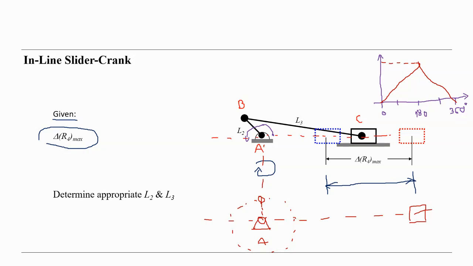This is B, one of the limiting positions, and this is C here. This length you can easily imagine is L2, and this is L3. This is one of the limiting positions.